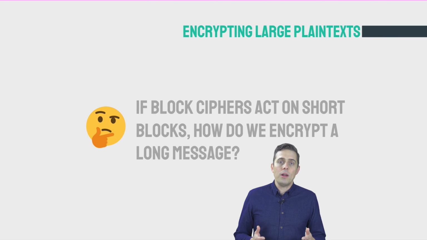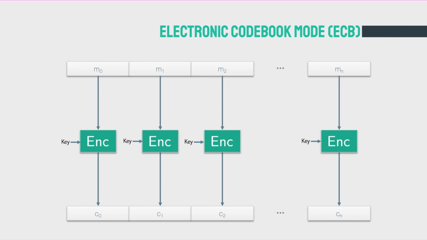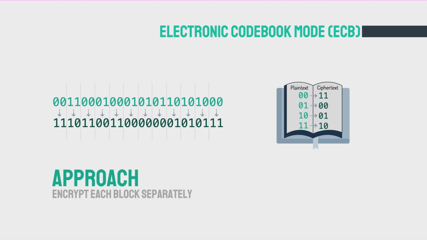The simplest mode of operation is called the electronic codebook mode. It's very straightforward. It takes the plaintext and divides it up into individual B-bit blocks and encrypts each one separately using the same key. So imagine, as an example, we had a little tiny itty-bitty little 2-bit block cipher. Remember, when you pick a key, it's going to effectively select a particular codebook to use.